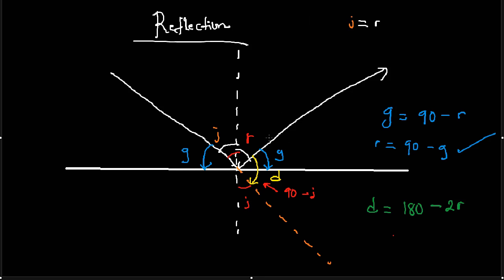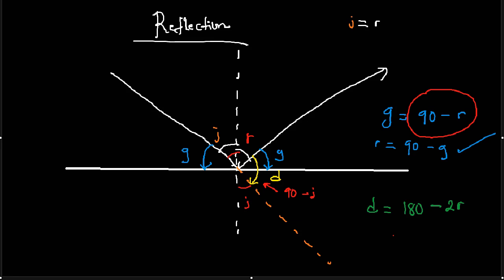And what's left is the glancing angle, which is given by 90 minus i, or 90 minus r. So you see that the angles that form the angle of deviation are actually 90 minus i and 90 minus i put together.